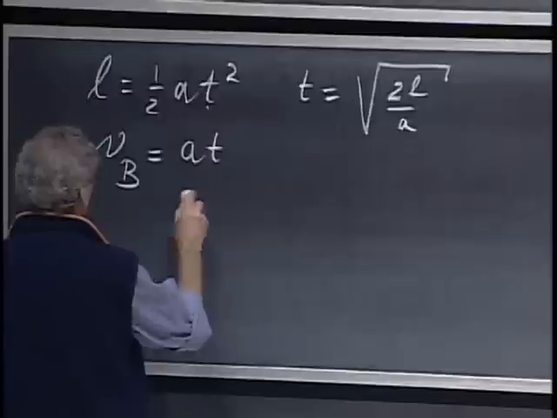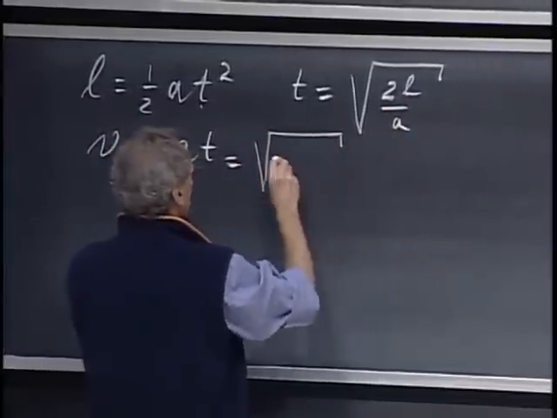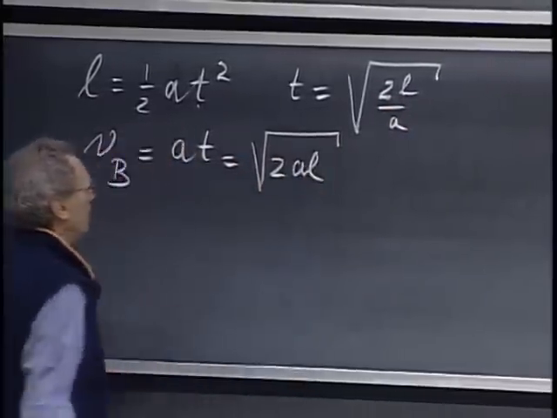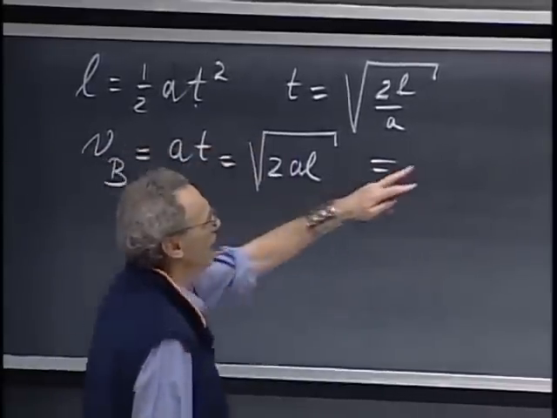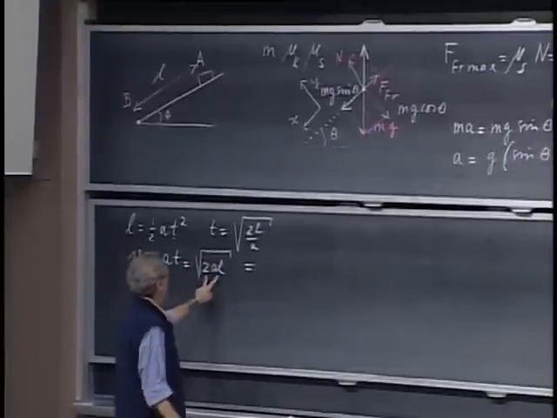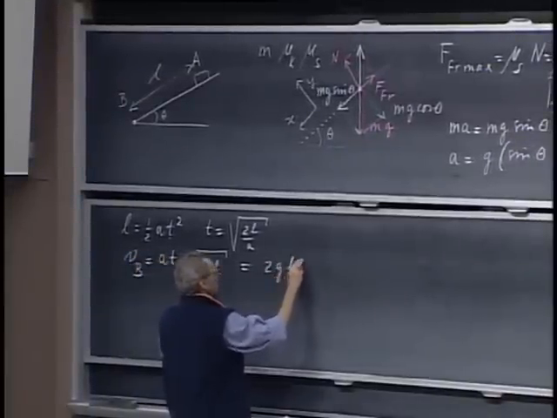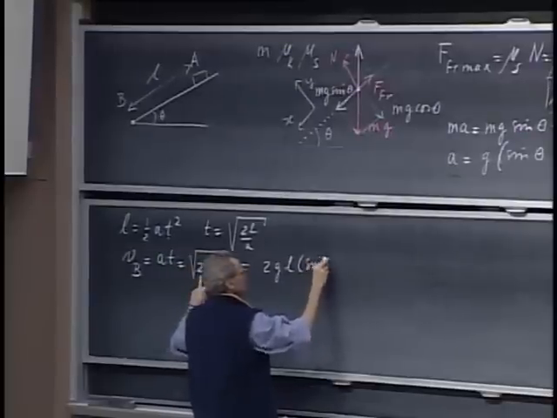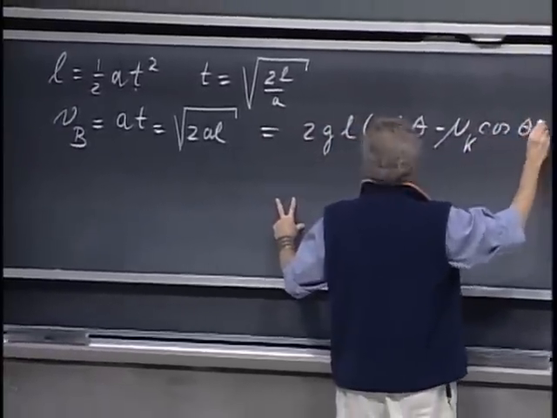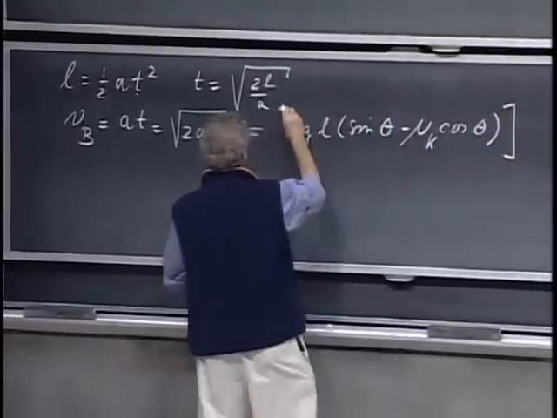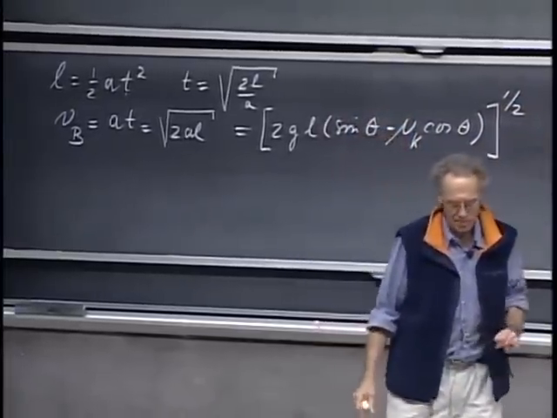And so that would become, if we multiply this by a, the square root of 2aL. And if you want to see that in all glorious detail, then of course you'll have to take that a, and multiply that by 2L and take the square root. So we get 2gL times the sine of theta minus mu k times the cosine of theta, and the whole thing to the power 1/2. That is the speed at point B.